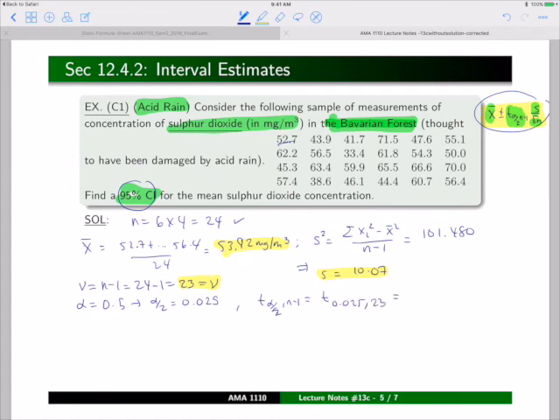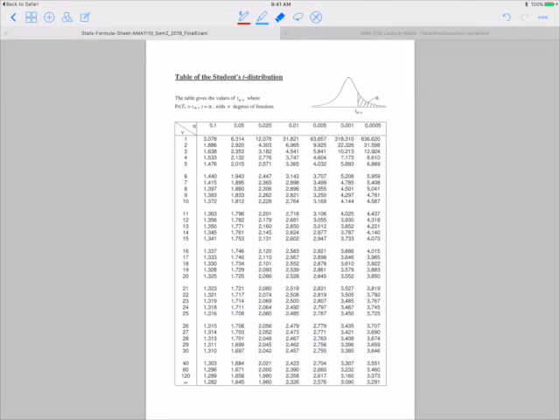So what's that? Now here's how we use the standard t distribution table. As you can see, the left-hand column is for your n minus 1, your degrees of freedom. In this case, it's 23. So we go down to 23 and highlight the row. This is just like the right tail table for the normal distribution.